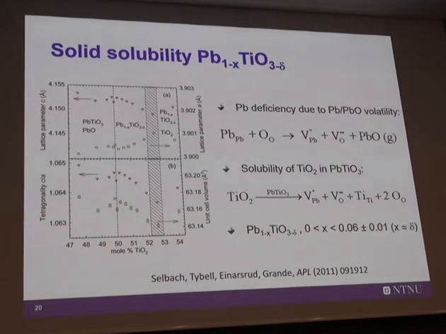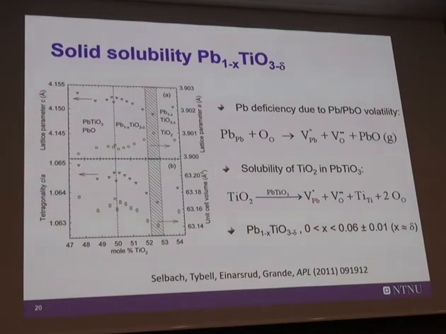We measured this carefully as a function of the titanium to lead ratio, and we also looked at the lattice parameters and the tetragonality. And we see that there is a change going from titanium excess to titanium deficiency. What happens is when you lose lead, you make those two vacancies, lead and oxygen. Or if you dissolve titanium into lead titanate, you obtain the same type of vacancies: lead vacancy and oxygen vacancy.